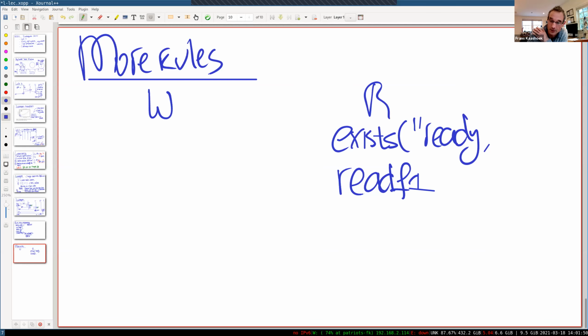There's a crash, recovery, and all that kind of stuff is happening. And so there's a new primary. It deletes ready. It writes F1. It writes F2. And it creates ready, like as before.